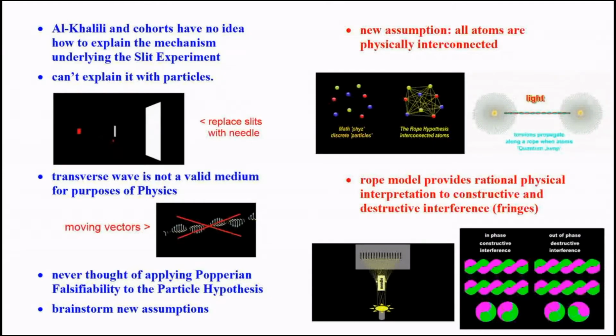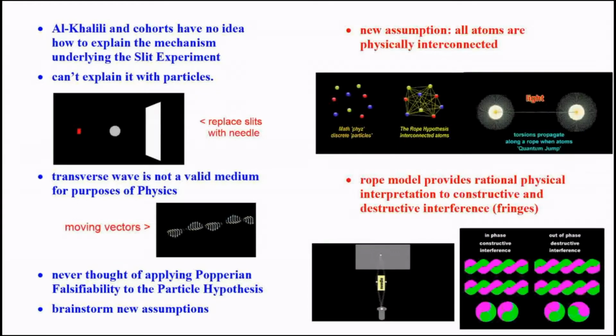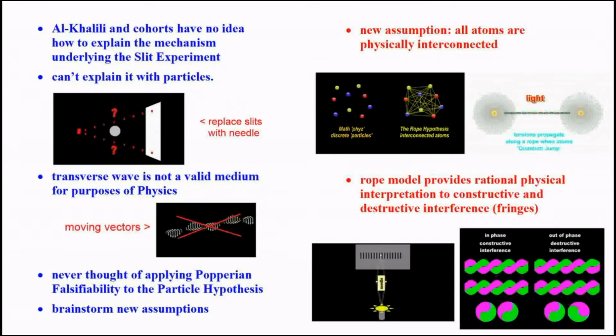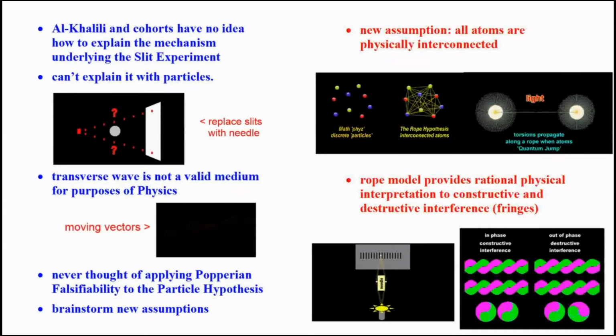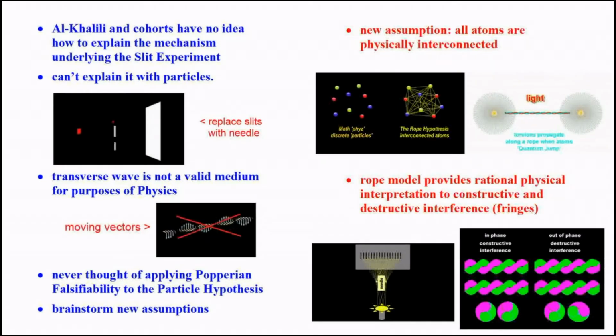Then all you have to do is apply what you see on the bottom right, which is constructive and destructive interference of the rope. If the rope impinges or arrives, it doesn't arrive in the sense of traveling, but it's hooked to the atom on the other end, because those same threads form the atom.